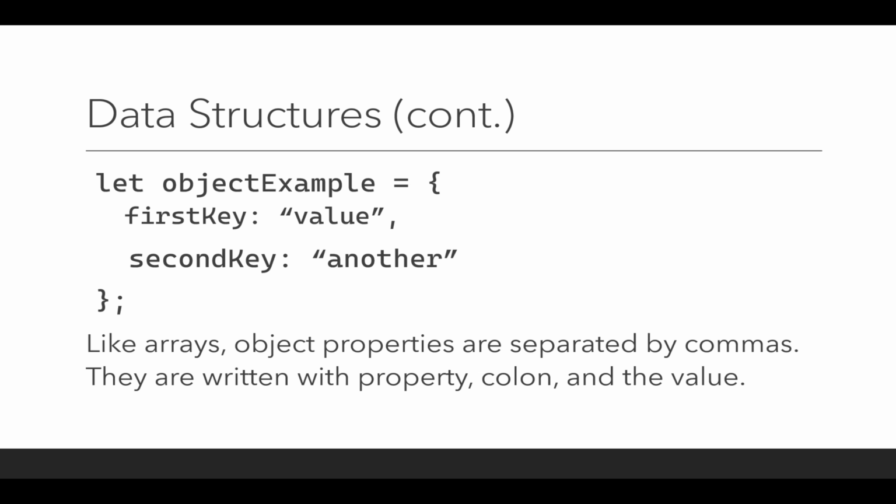Similar to how arrays might be defined using a series of values separated by commas, an object literal, in this case, has its properties, again, the keys to access the values, also separated by commas, except they are written in the format of property, a colon, and then the value of that property. So in this case, to access the value, string value, we would use the key firstKey. This is a property of objectExample.